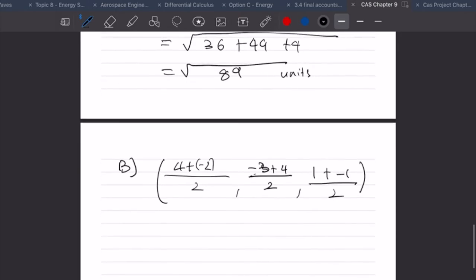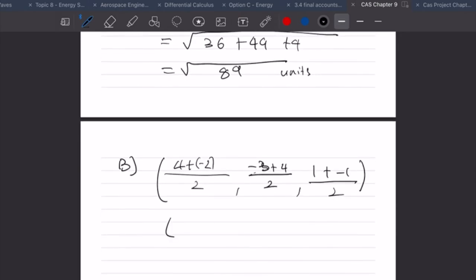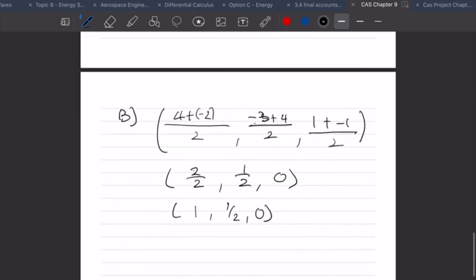When we solve this, we get 4 minus 2 is 2, so we'll have 2 over 2. The second one we'll have 1 over 2, and the third one we'll have 1 minus 1, 0 over 2 is 0. Then when we simplify it, we'll have 1, comma, half, comma, 0. So that's the coordinate of the midpoint. And that's it for the chapter.